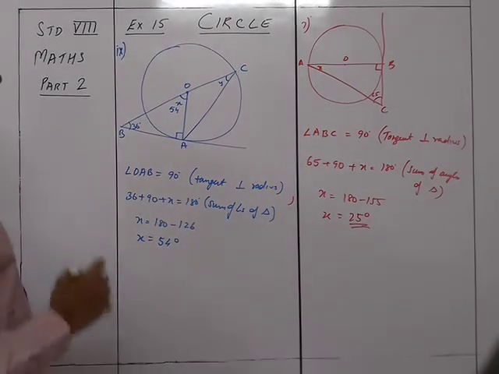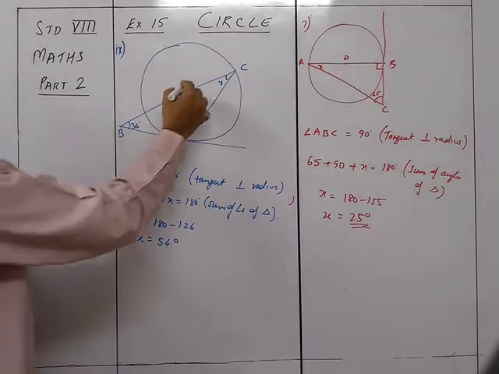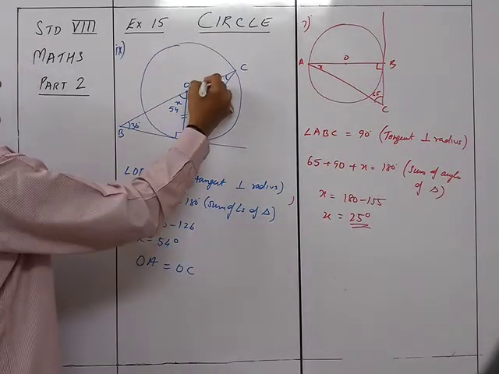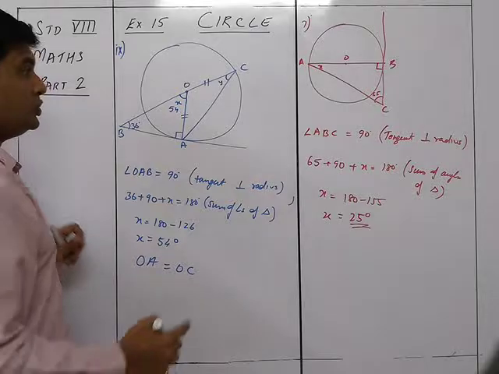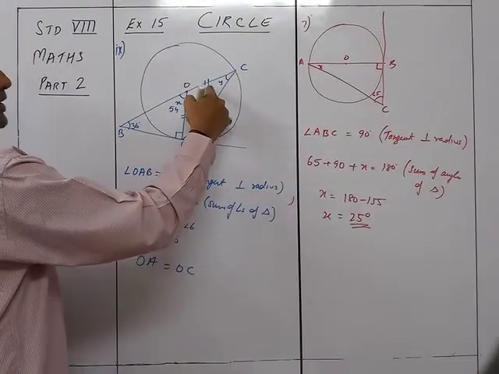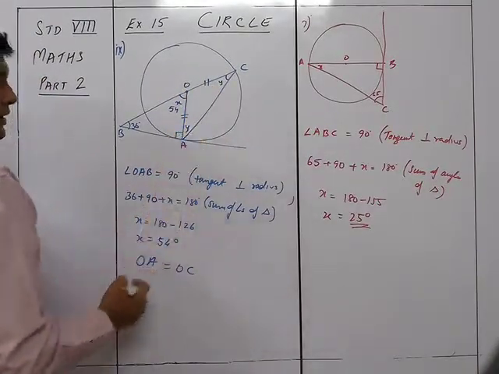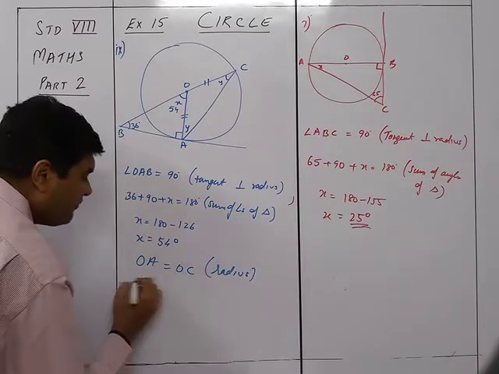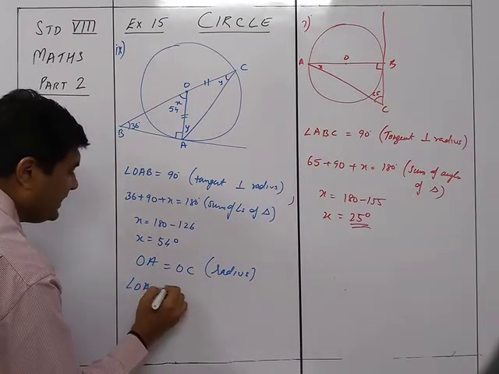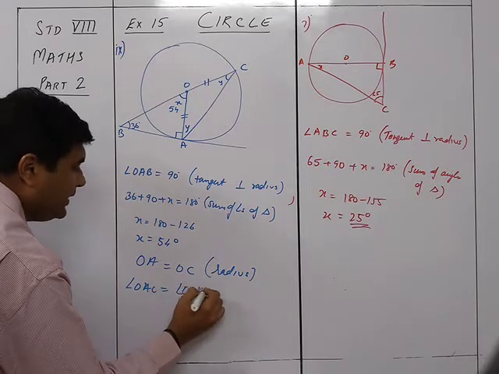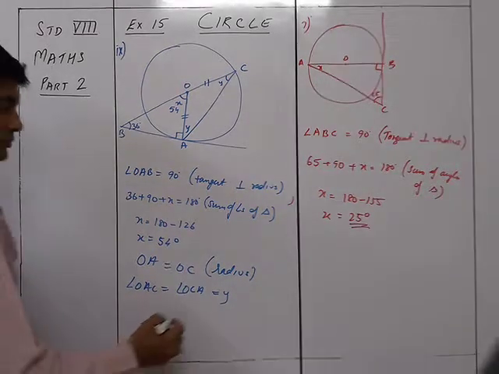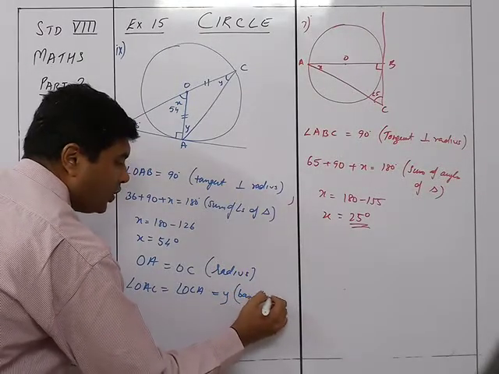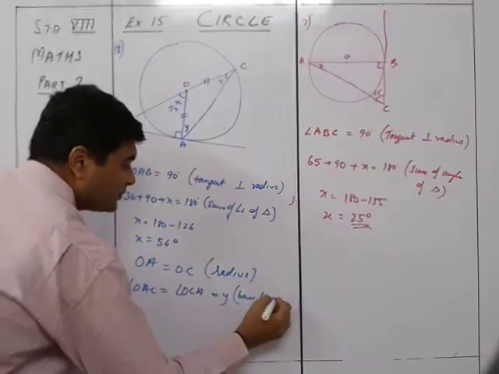Now, we know that OA is equal to OC because they are the radius. So if this is Y, this will also be Y. Therefore, angle OAC is equal to angle OCA is equal to Y, base angles of isosceles triangle.